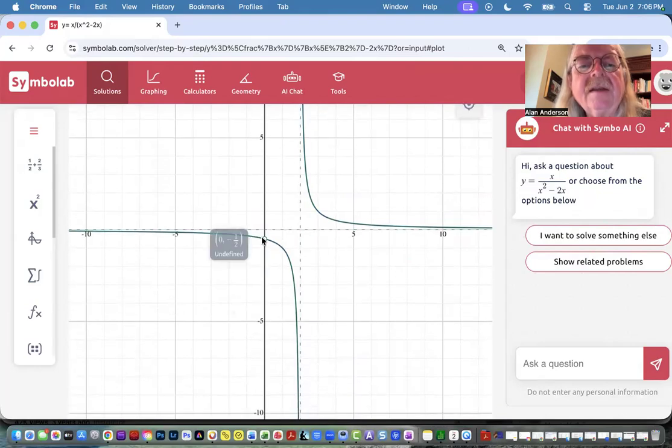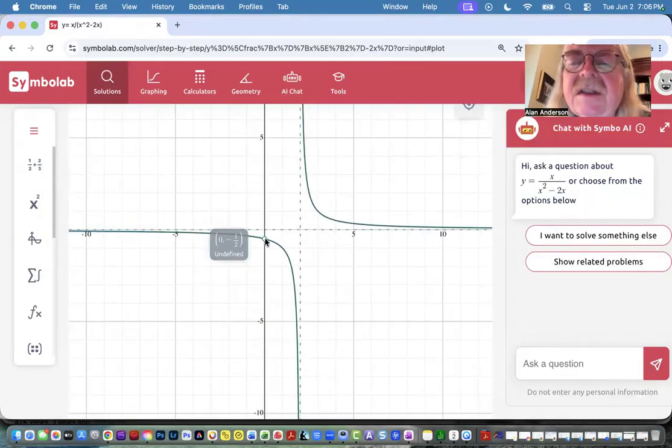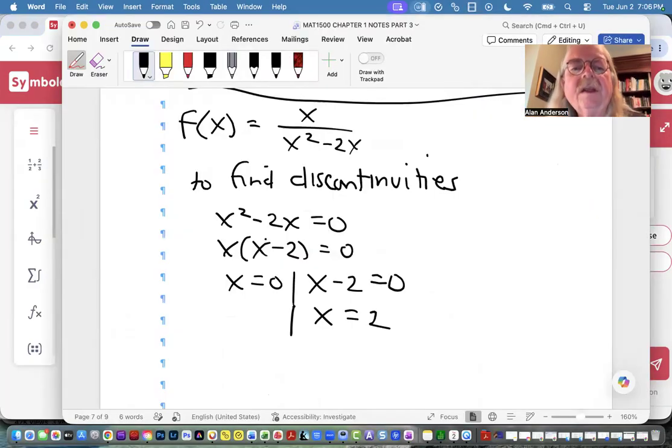Well, this one is, but this one is not, because at x equals 2, that's an actual asymptote. But when x equals 0, we're only missing a single point. So if we create, let's say, a piecewise function and define a value there, we could end up having a removable discontinuity.